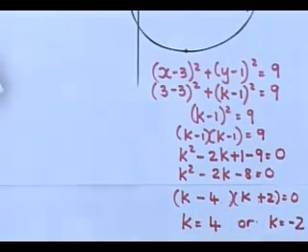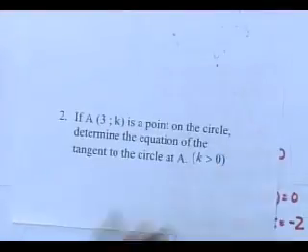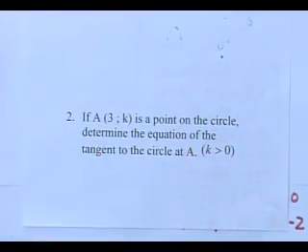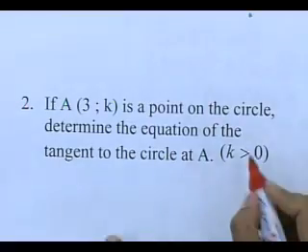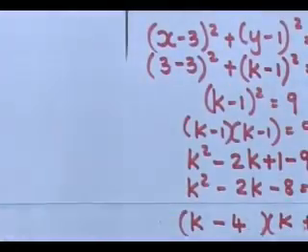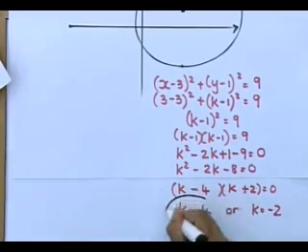You SMS'd through that k is equal to 4, and that is awesome. Why did you choose k equal to 4? Because the question said k has to be bigger than 0. I cannot believe you guys are so great. K is greater than 0, which means k has to be positive. That is why you chose k equal to 4.